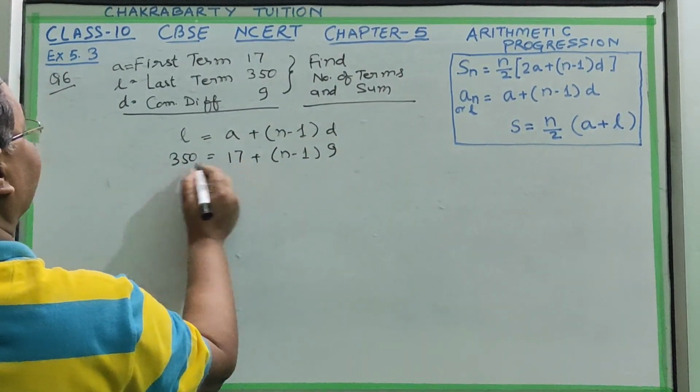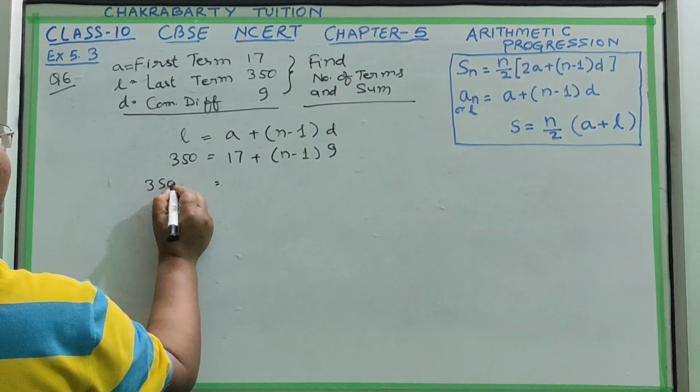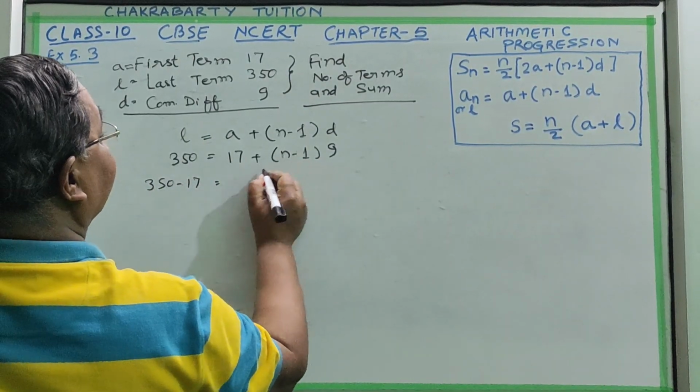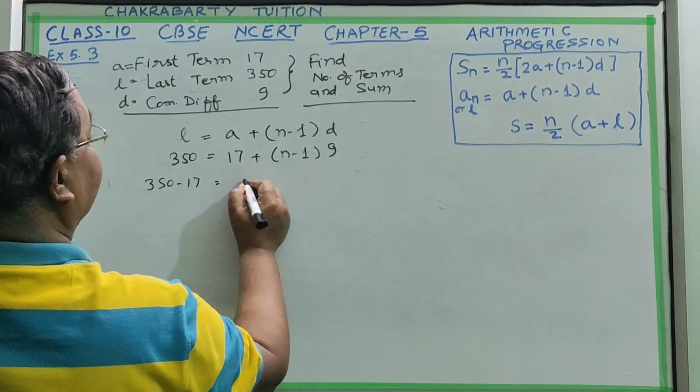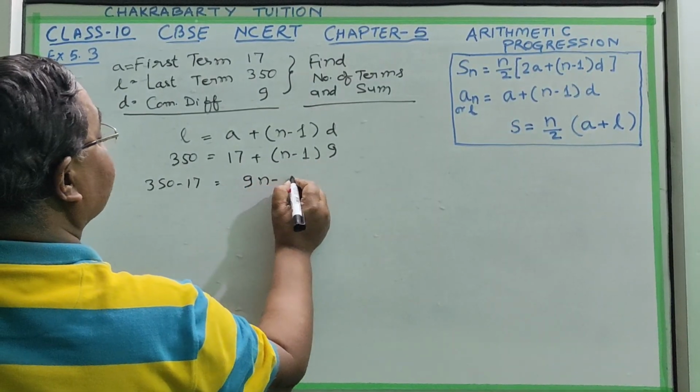Okay. So this 17 will come to this side and it will become minus 17. And minus 1. This 9 will multiply both the terms, it will multiply n and it will multiply minus 1, so 9n and minus 9.